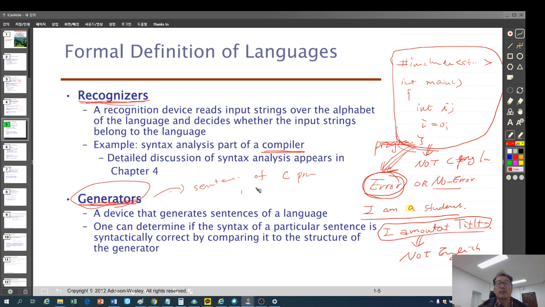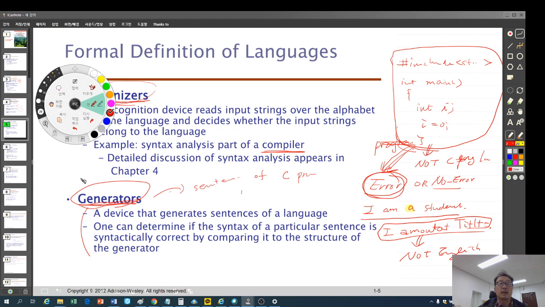When you develop a new programming language, we need something like a testing module which provides an infinite number of random program sentences, and the recognizer can decide whether each is a good C program or not. So this is like the opposite concept of the recognizer.